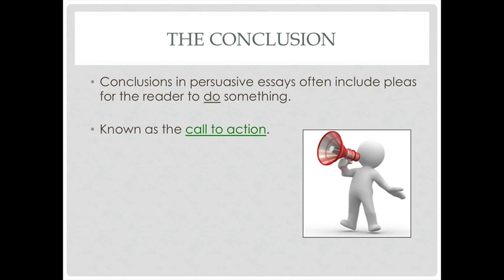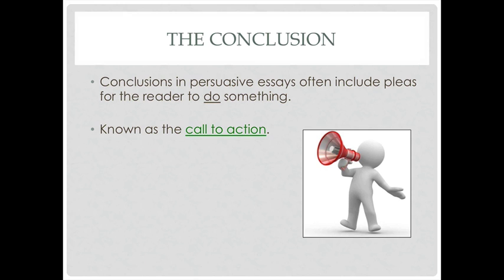Now, up until this point with persuasive essays, we've basically restated our main point, our topic, and closed it up. When you expand upon a persuasive essay, you might want to include a call to action.